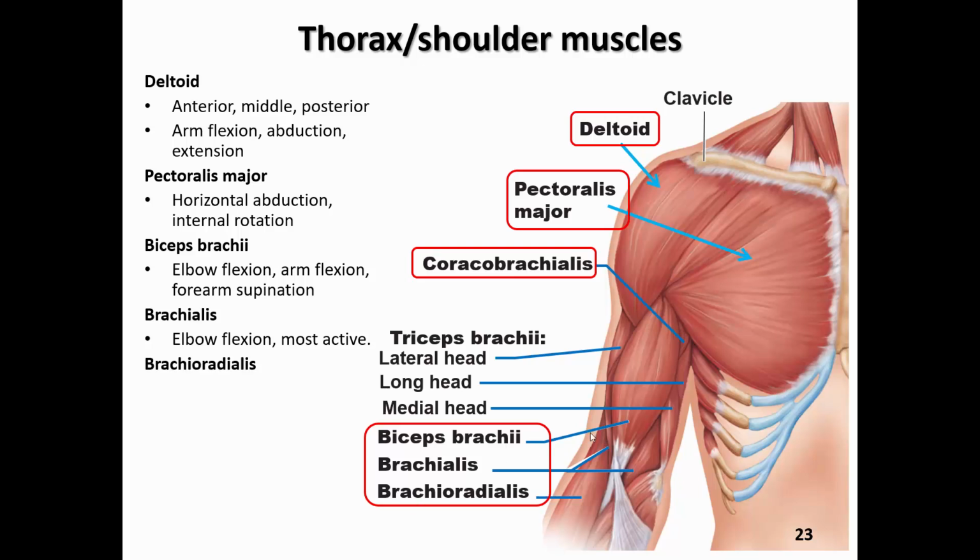The brachioradialis, as I indicated earlier, originates on the distal humerus and inserts onto the distal forearm. When this muscle contracts, it will also contribute to elbow flexion because it does cross the elbow joint, but that occurs typically when the forearm is in a neutral position.